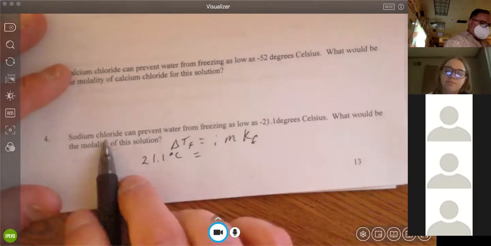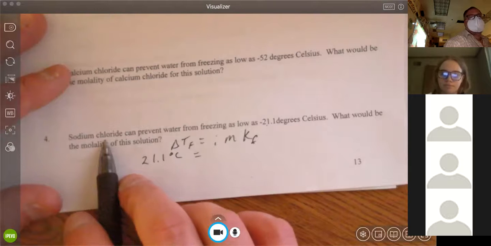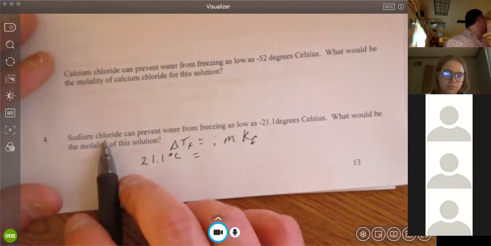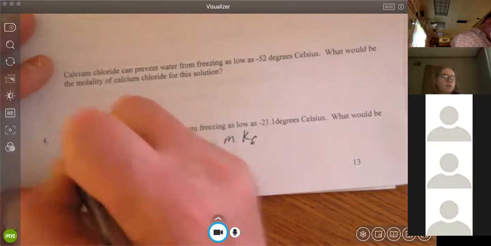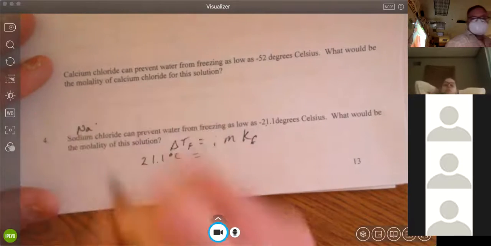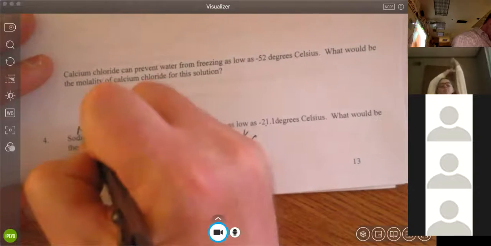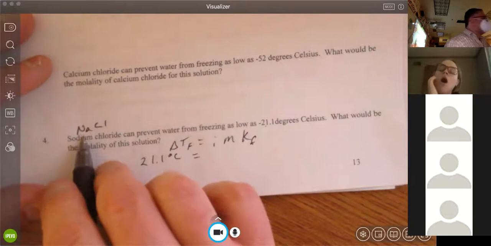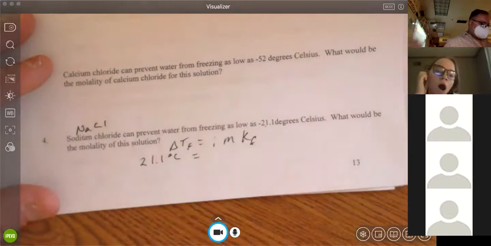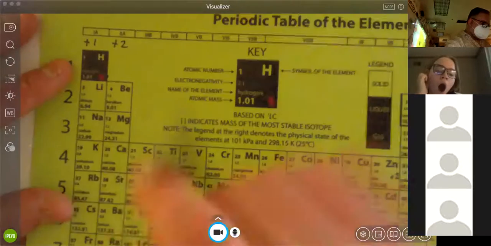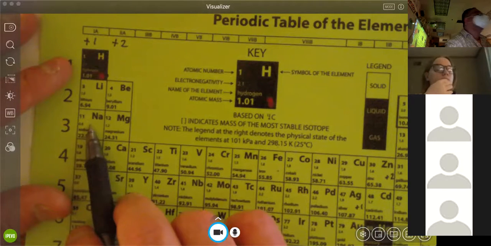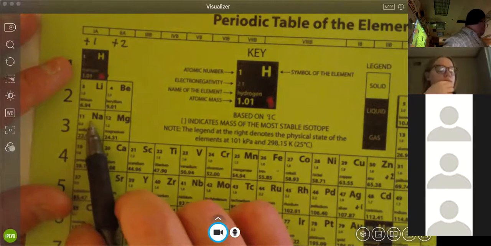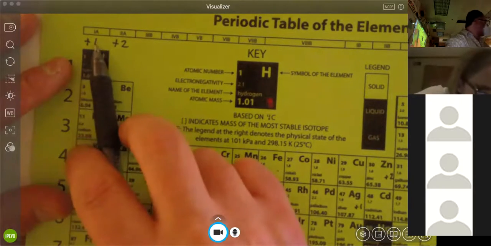What's the Van't Hoff factor for sodium chloride? What's the formula for sodium chloride? What's the symbol for sodium? Na. What's the symbol for chlorine? Cl. What's the charge of sodium? 1.